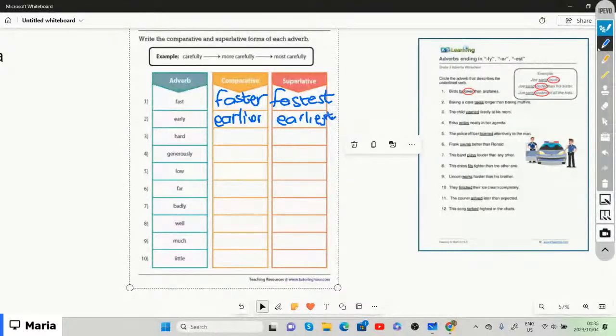And as you can see there, we drop the Y. Hard, right? We need to say the degrees of comparison. It's hard, harder, hardest.